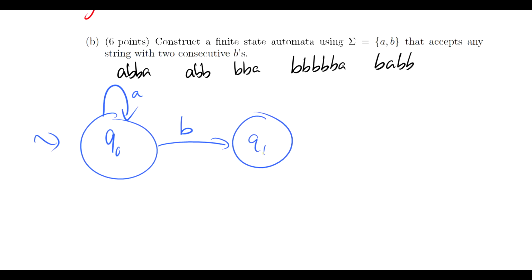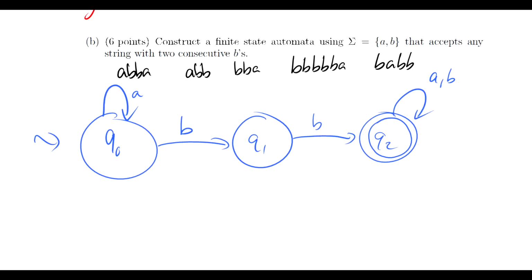So if we get 1 B, it's going to go to the second state, and not accept yet, but if it gets another B, it's going to go to the accept state, because we now have 2 B's in a row. So as soon as we have 2 B's, it doesn't matter what we put afterwards, so we can do A or B, but there's one more case.